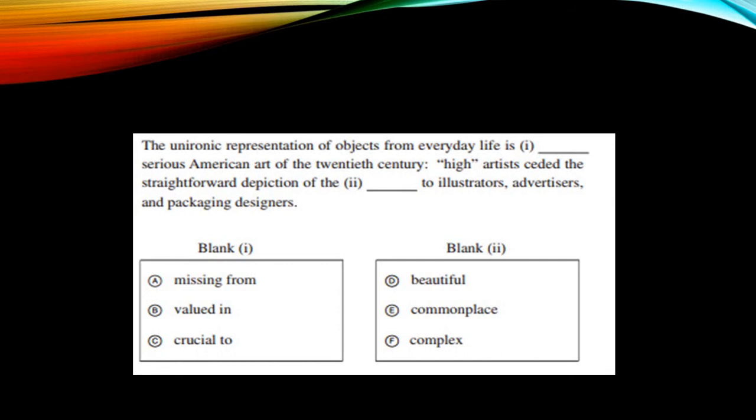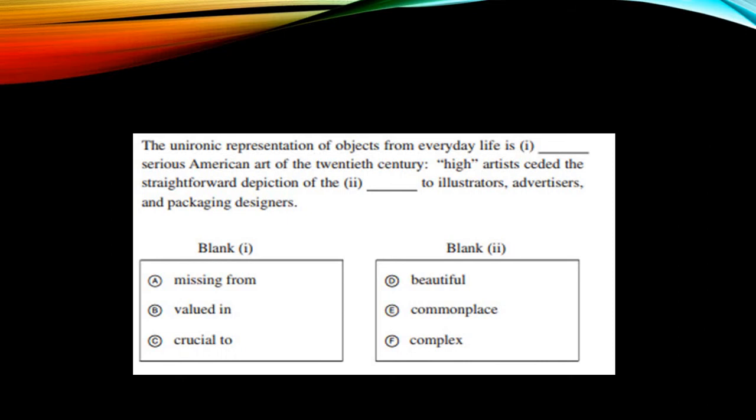The straightforward depiction, the straightforward is unironic. Okay, can you match these things? So the straightforward depiction is the unironic representation. So they allowed this straightforward depiction to be done by illustrators, advertisers, and packaging designers. That is to say, the high artists did not believe that this is within their prowess or within their interest to depict everyday items in high art.